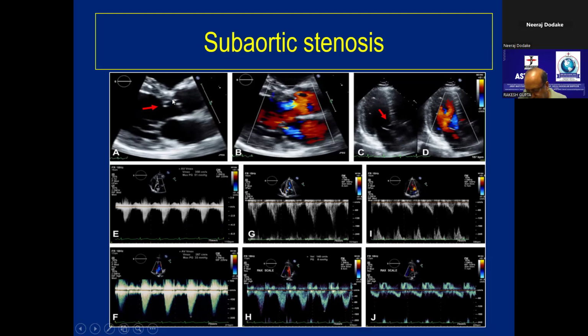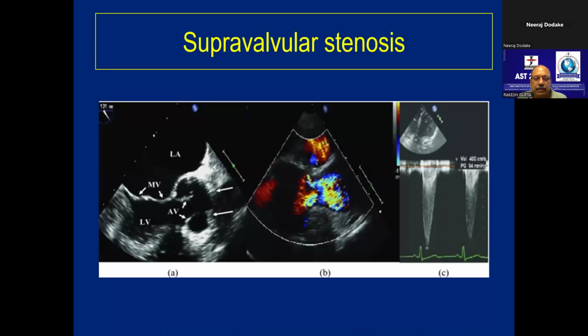Clear? Yes, sir. And sir, one more thing, the doming of the aortic valve we have to see in systole, because in mitral stenosis we see it in diastole. Yes. When the doming occurs in systole, the valves are already juxtaposed to the walls of the aorta. So how to identify that?